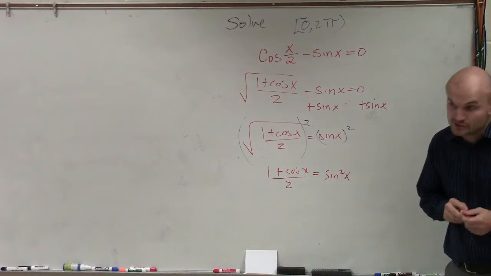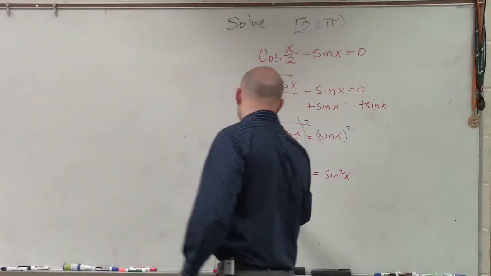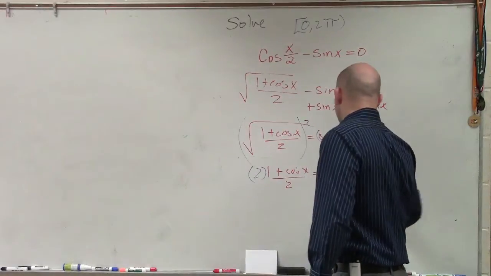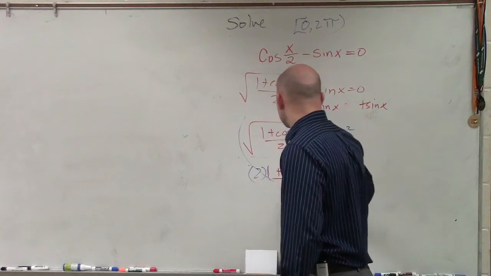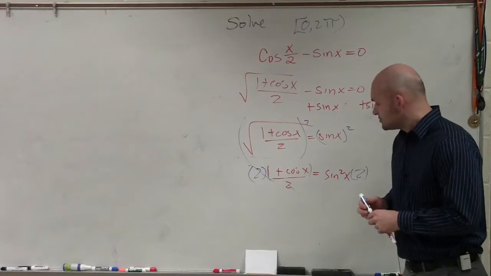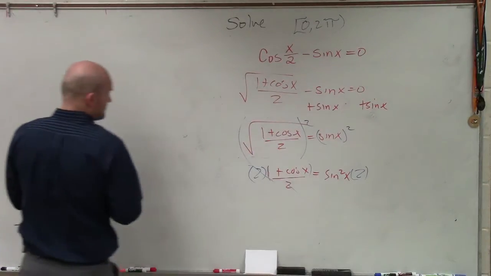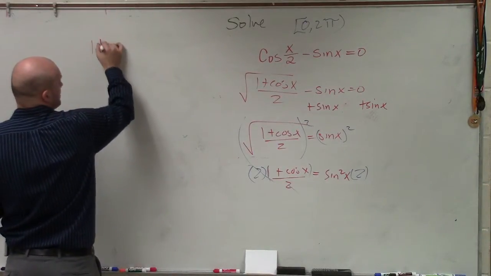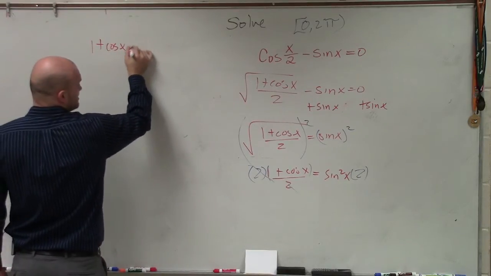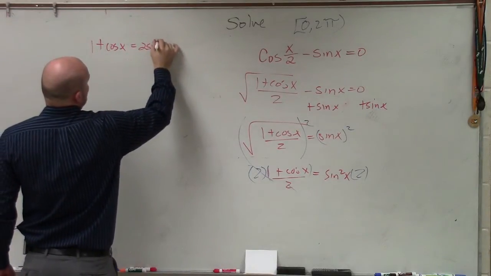Now we need to get rid of the 2 in the denominator. So I'll multiply by 2 on both sides. Make sure those divide out. So now, ladies and gentlemen, I'm left with 1 plus cosine of x equals 2 sine squared of x.